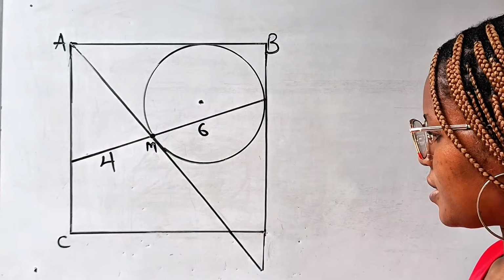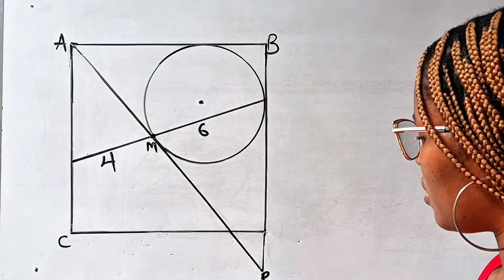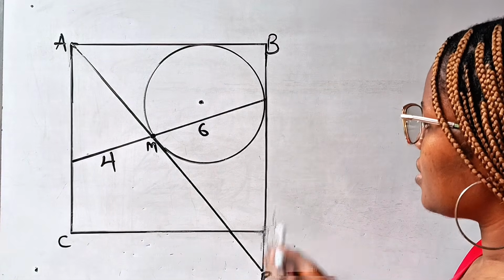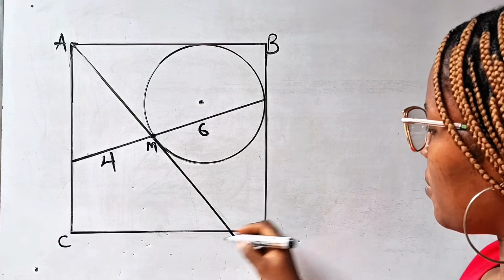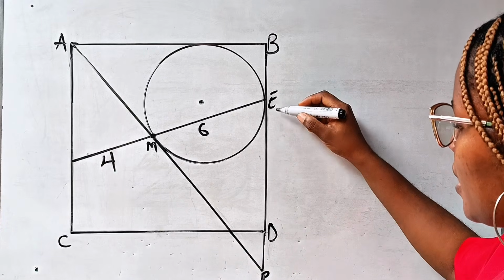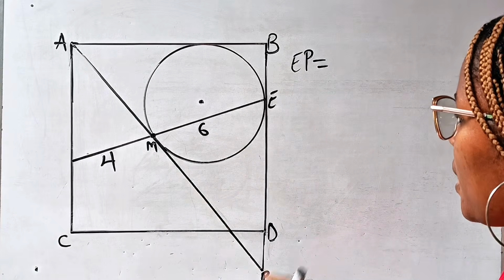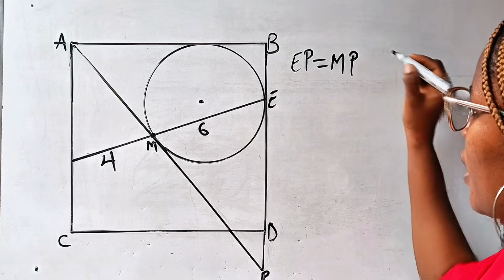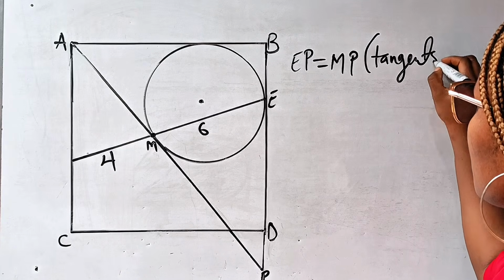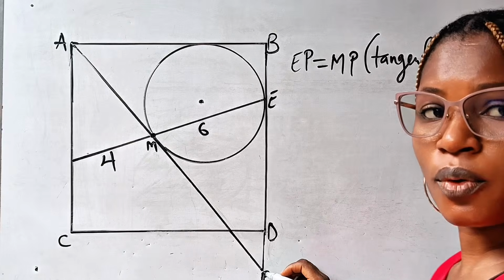Now let's call this point P. Let's call this point E. You will see that EP should be equal to MP, because both of them are tangents to this circle, and they meet at a point.